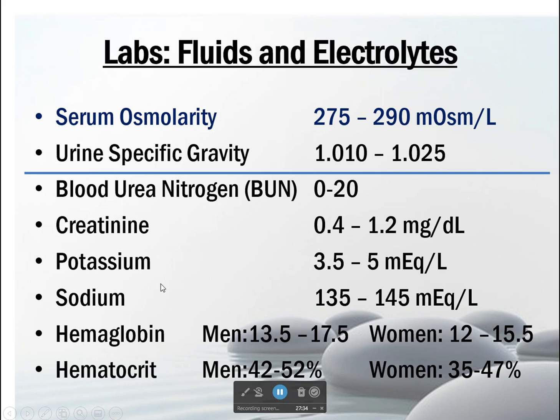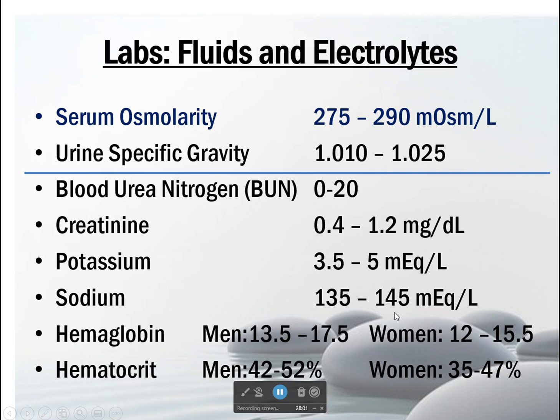Potassium, the normal is 3.5 to 5, and sodium 135 to 145. These are the normal value ranges I want you to know for this portion of the course. In the first section, there will be questions related to normal sodium levels and normal potassium levels.